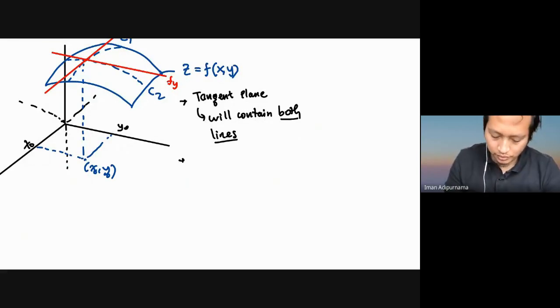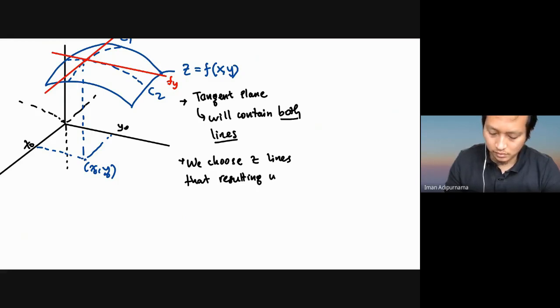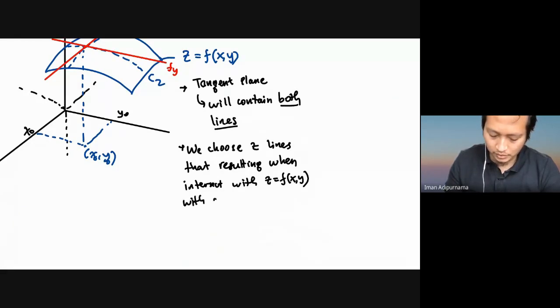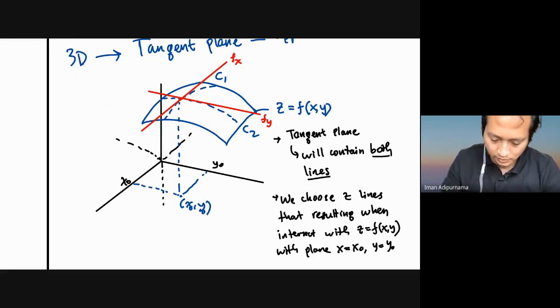So what we are going to do is we choose the lines that result when we intersect the surface with the planes x equal x0 and y equal y0. This means this exact plane here.